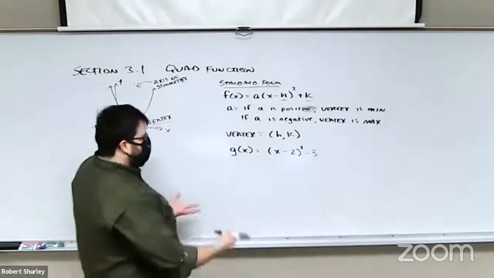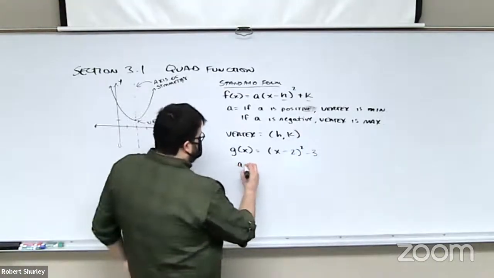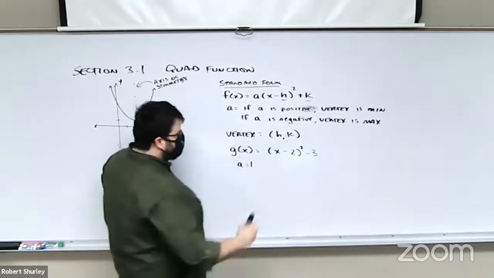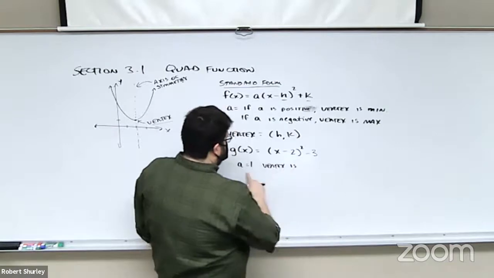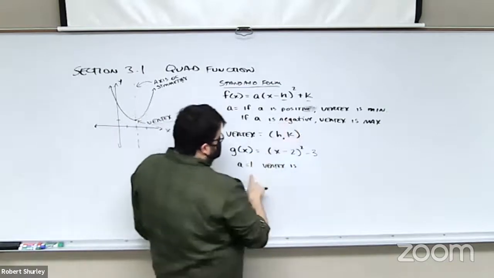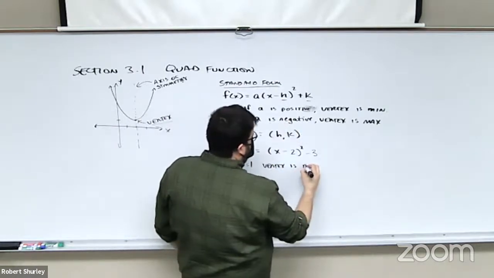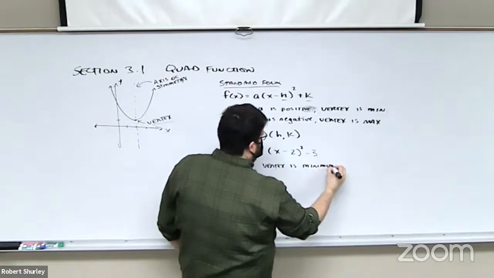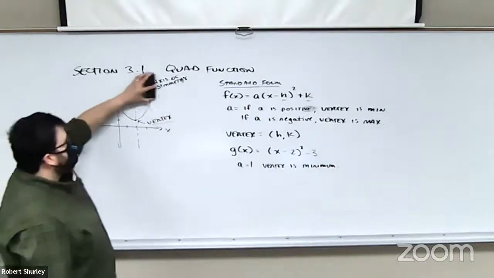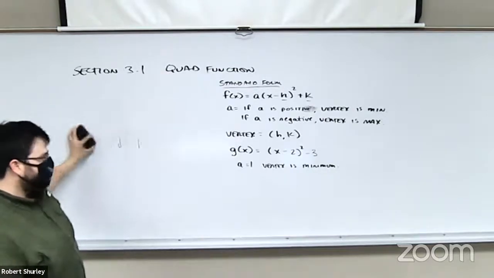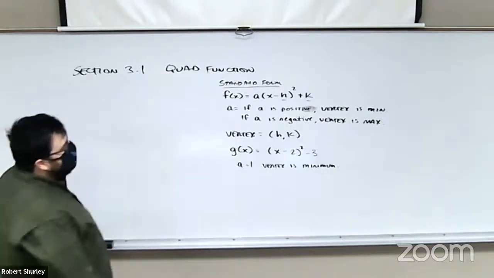Now, I'm going to write this down. The a is just a 1. So that tells me, 1 is positive, right? A is 1, so the vertex is going to be a minimum. I'm going to sketch this one over on the side here, okay?